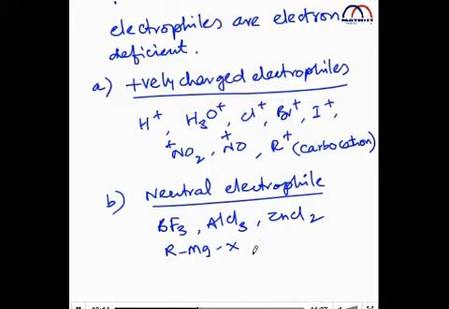RMgX is also called Grignard reagents. SO3 can act as a neutral electrophile. FeCl3, this is also one of the neutral electrophiles. So these are all some of the examples for the neutral electrophiles. They are acting as the electrophiles because of their electron deficiency there, right?